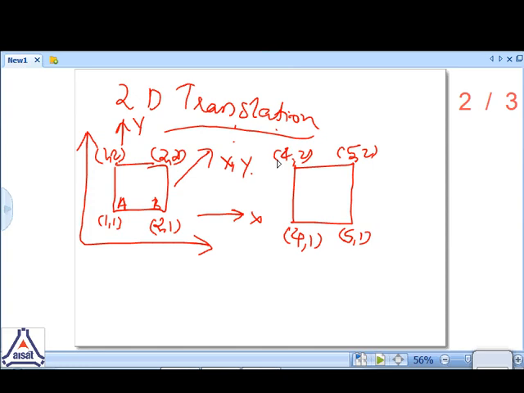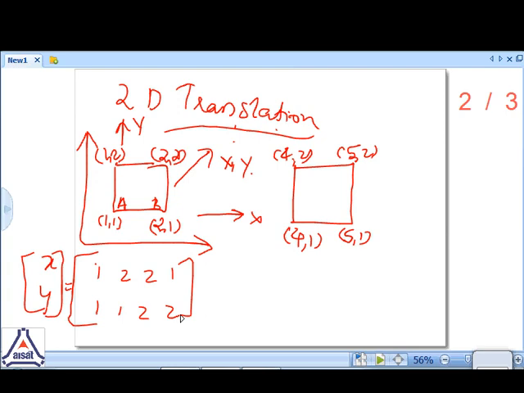I already said that we are using the matrix method for this. For that, matrix xy is equal to, I am denoting the coordinates in matrix form: 1, 1, 2, 1, 2, 2, 1, 2. This is the xy coordinates of the initial square. In order to get the final matrix, I am adding another matrix.